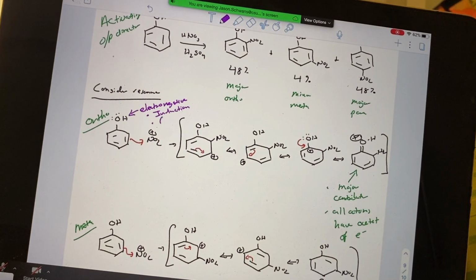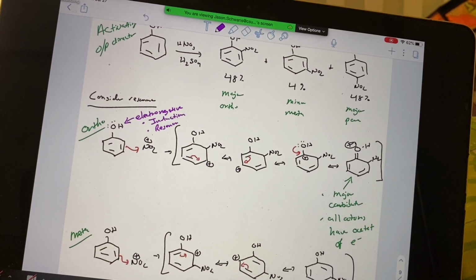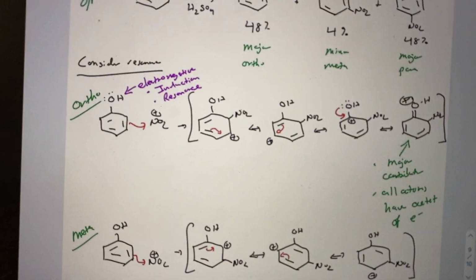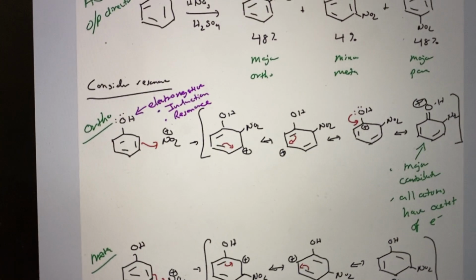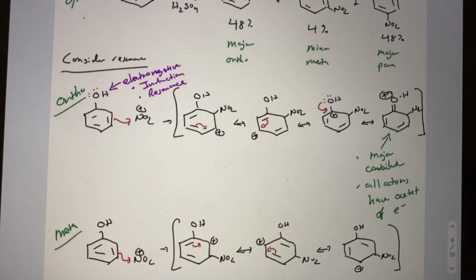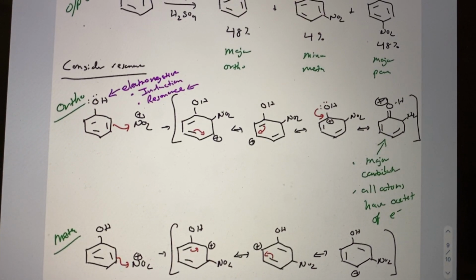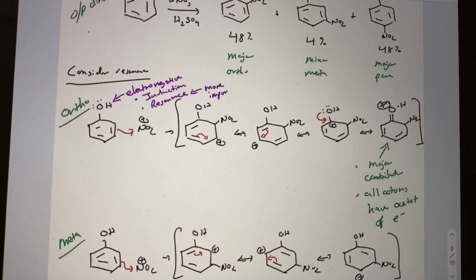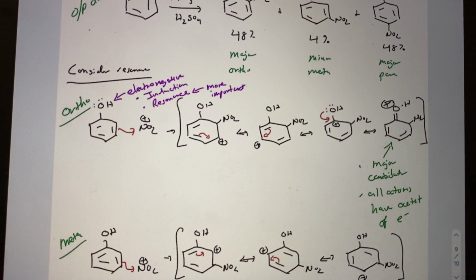and resonance. And hopefully in the first semester class, you'd see this tug of war, this energetic balance between inductive effects and resonance effects. And generally, resonance is more important, or it has a larger energetic effect.